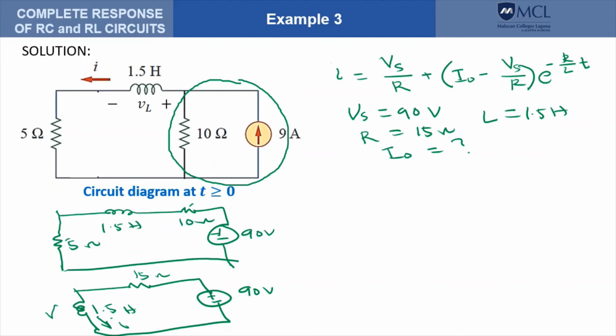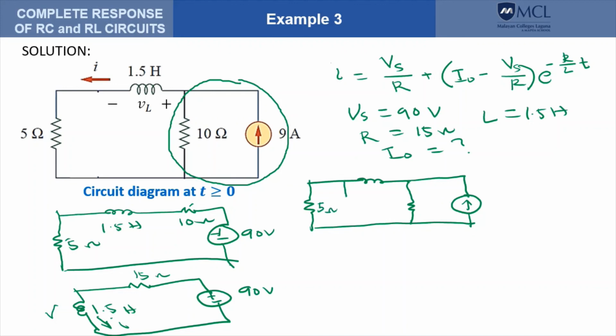So we go back to the circuit before the switch is open. So this is the circuit. I think 5 ohms, and the switch is closed. Okay, this is 10 ohms, and this is 9 amperes.